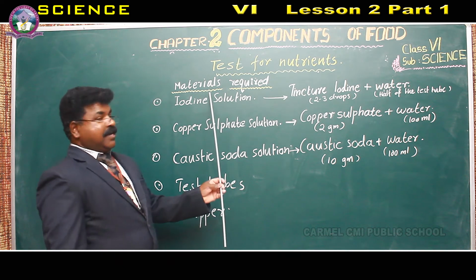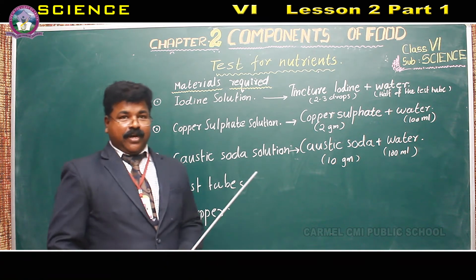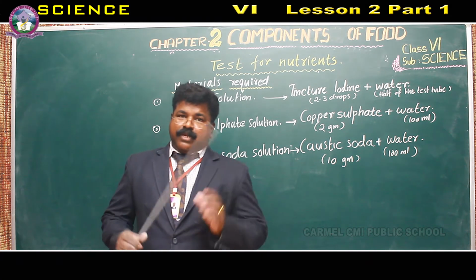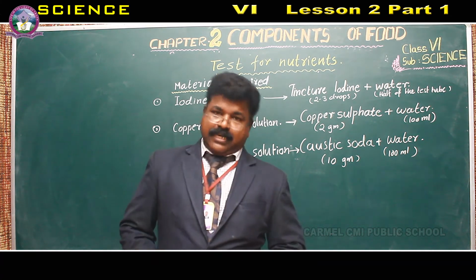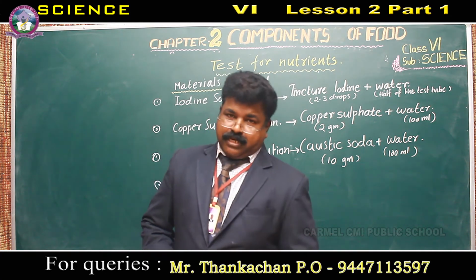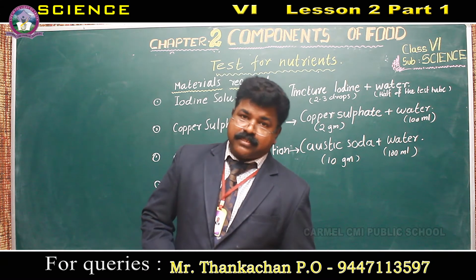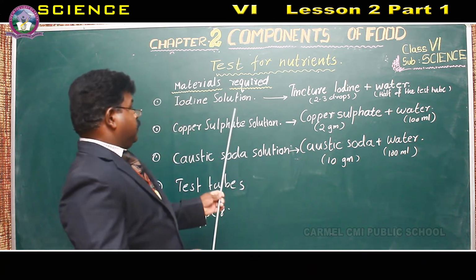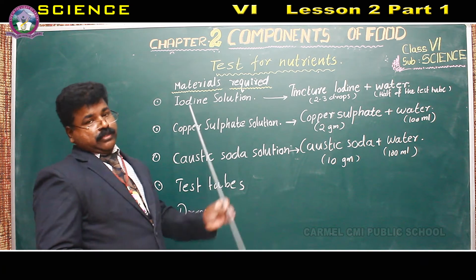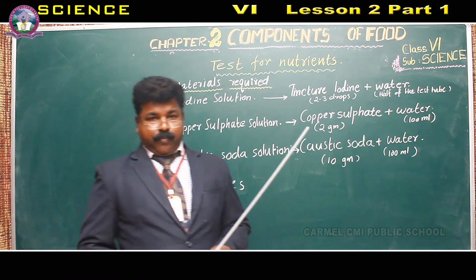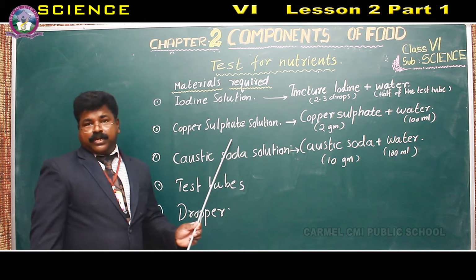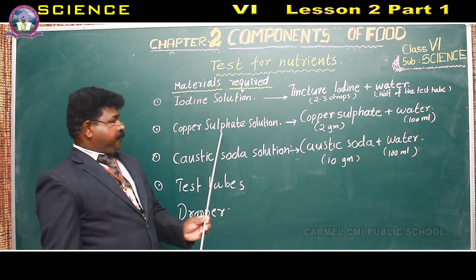So for every experiment we do, we need certain materials. Certain materials are required to conduct those experiments. So first of all, let us study the different materials required to conduct these tests. The first one is iodine solution. We need some amount of iodine solution. Also we need copper sulfate solution.